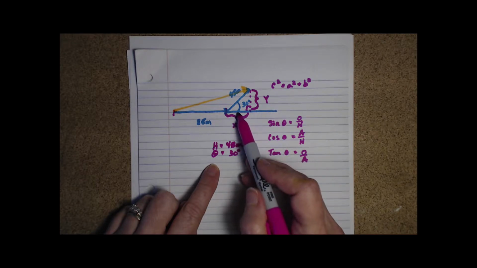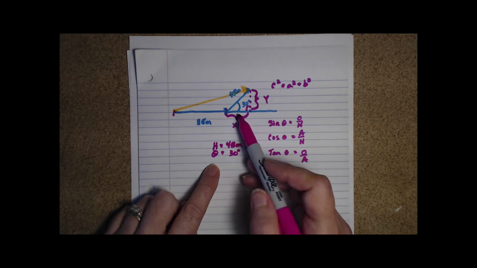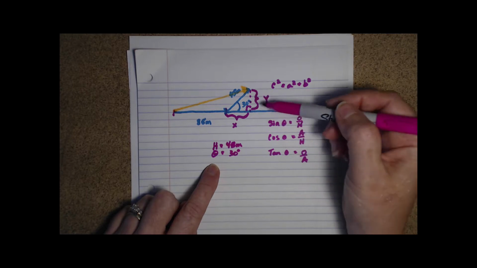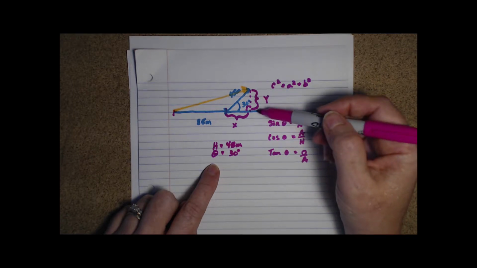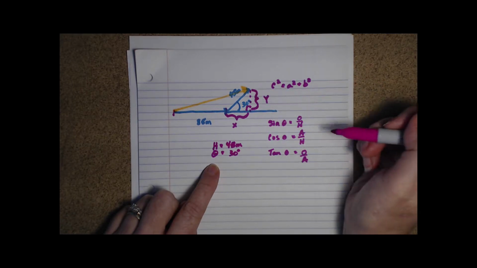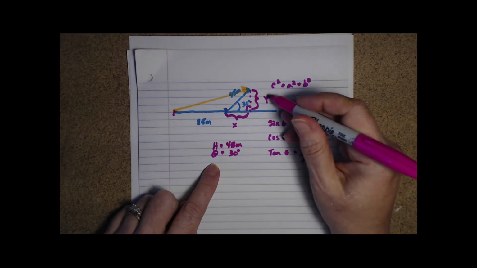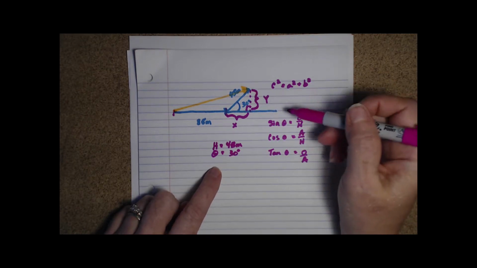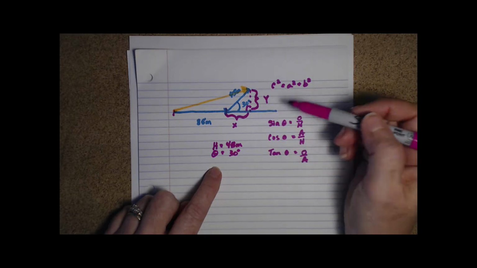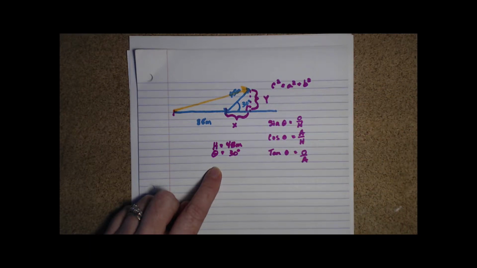Y is my opposite side, and you'll see that when we use this throughout the course, when we talk about the vertical side, or vertical component, we're going to be using the sine of this triangle. And when we're talking about our horizontal, we're going to be using cosine.